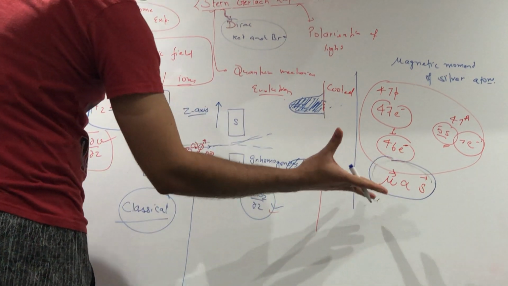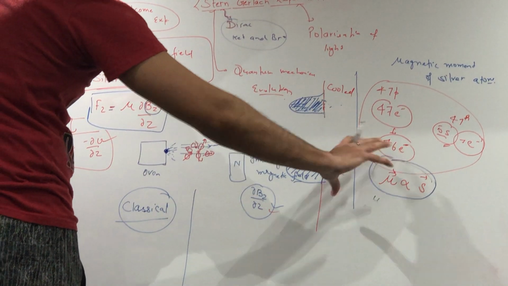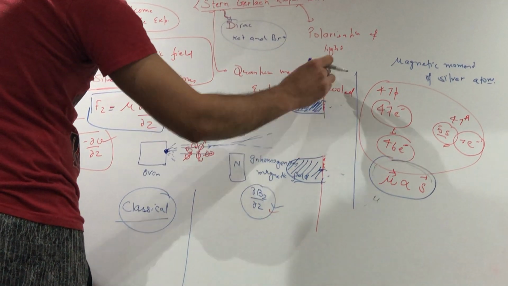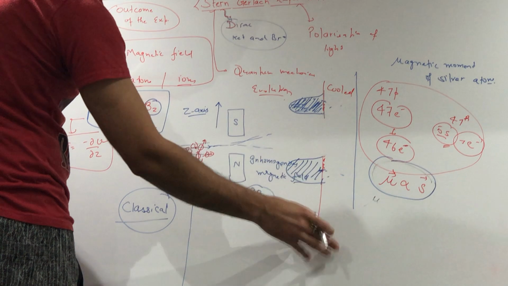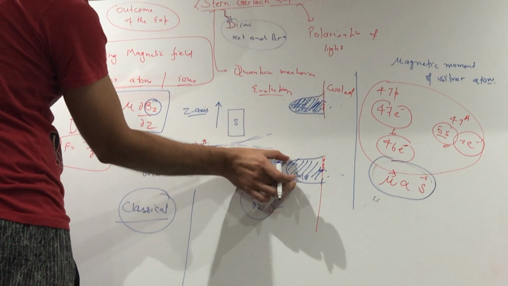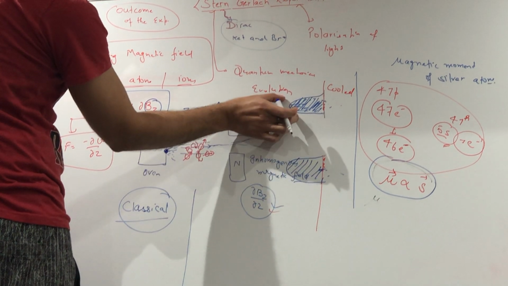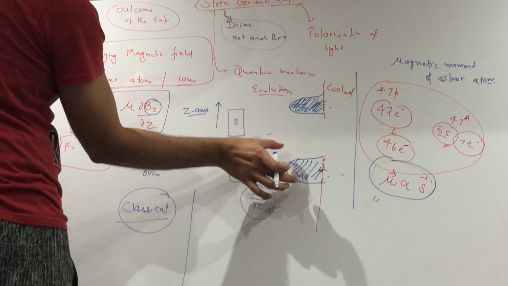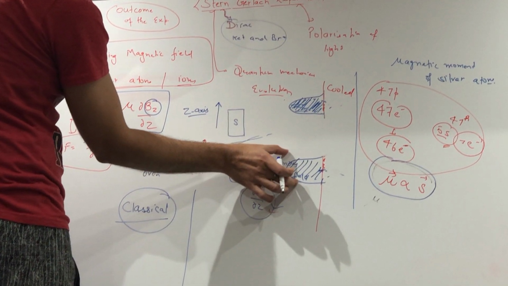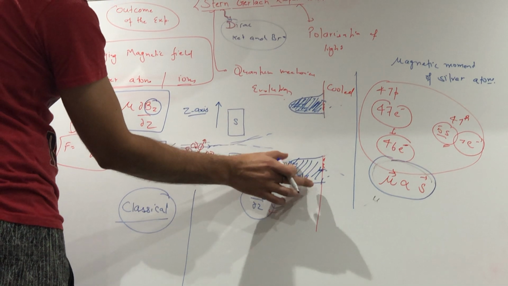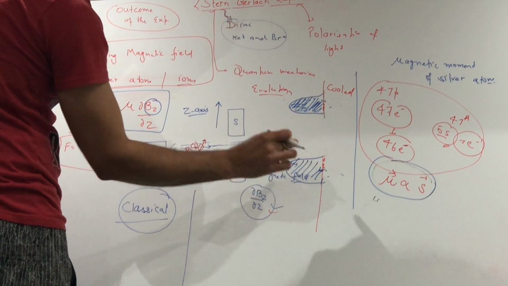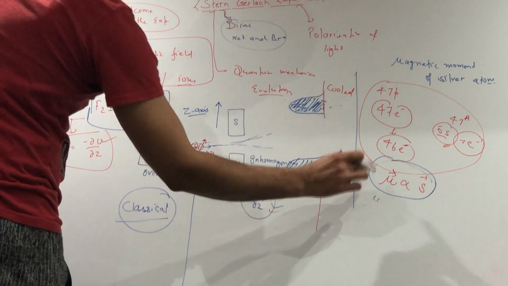Because if they were random, with no particular direction, there would have been continuous spots of the silver atoms on the screen. Now, since we get two outcomes only, we have two discrete regions here on the screen. So this is not continuous, right? So the electron spin has two discrete values, and that leads to the quantization of the electronic spin.